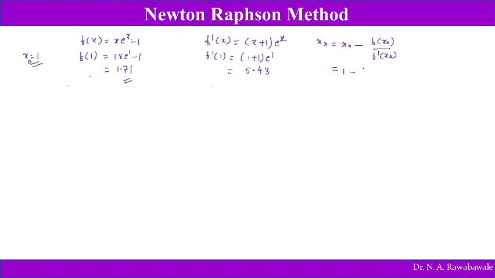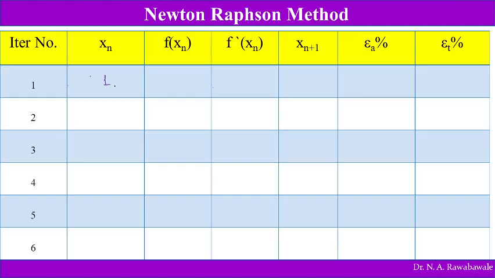So 1 minus f of x naught, 1.71, divided by f dash of x naught, 5.43, which is equal to the revised root of 0.68. Substituting 1 in the function x e to the power of x minus 1 gives 1.71, and in the derivative x plus 1 into e to the power of x gives 5.43. So x n plus 1 is x naught minus f of x divided by f dash of x, which gives 0.68. The approximate error we cannot find out because we don't know the previous approximation.